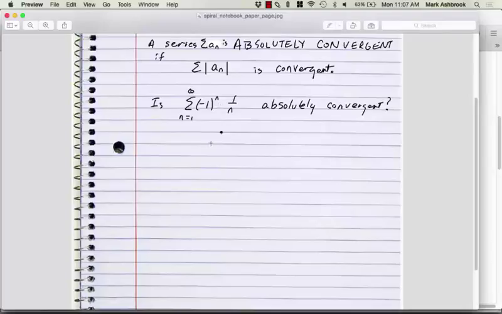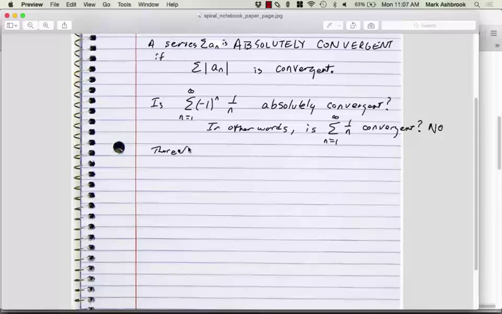So basically, what we're asking is, is the non-alternating version convergent? And it's no, right? That's our harmonic series. We know that's not convergent. Therefore, this is convergent by the alternating series test, but not absolutely convergent.